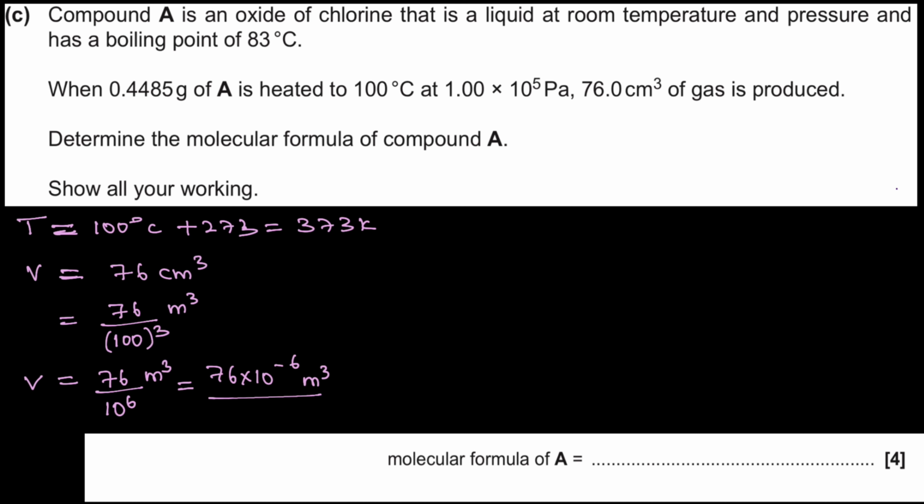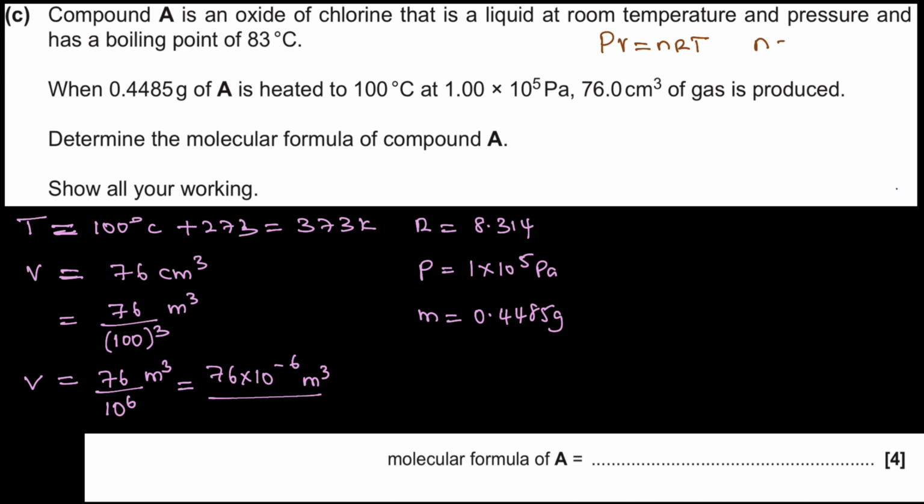We're also given the R value. R value is 8.314 from the data booklet, and we know the pressure P is 1 times 10 to the power 5 Pascal. We know the mass M is 0.4485 grams. First, we need to use PV equals nRT, and we need to find the mole.